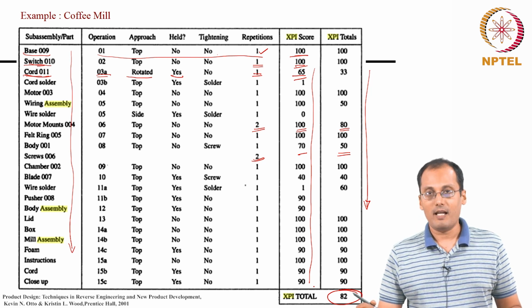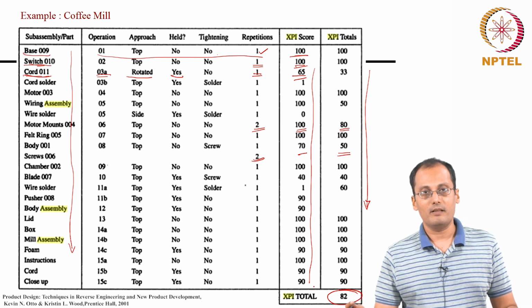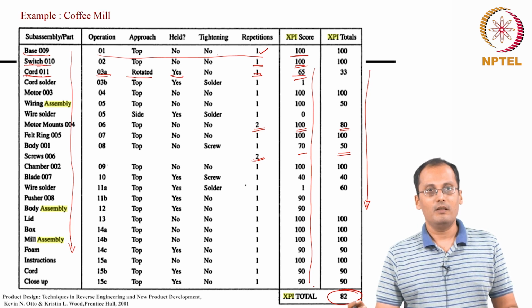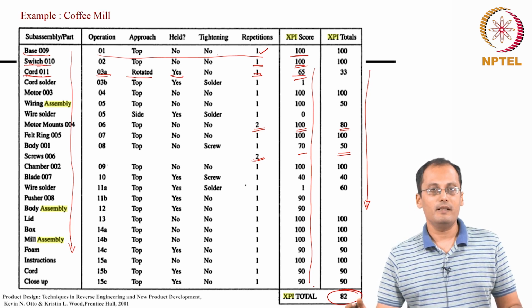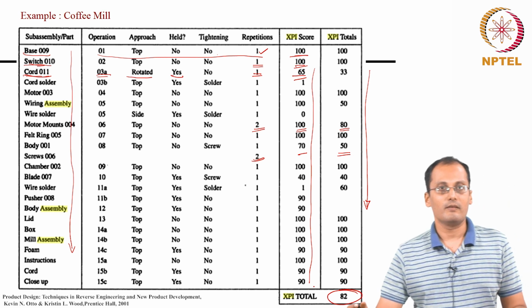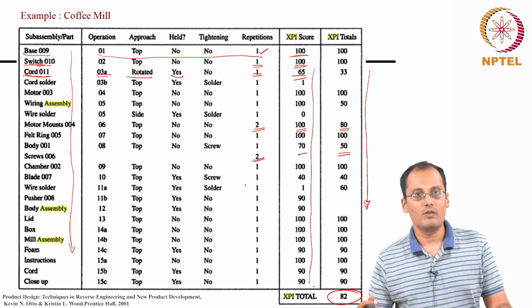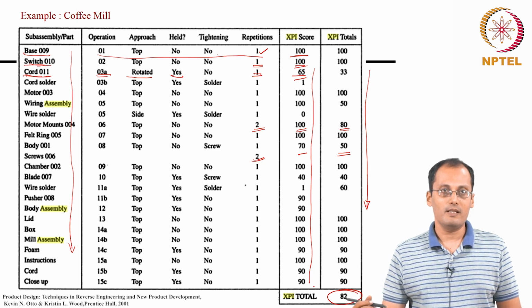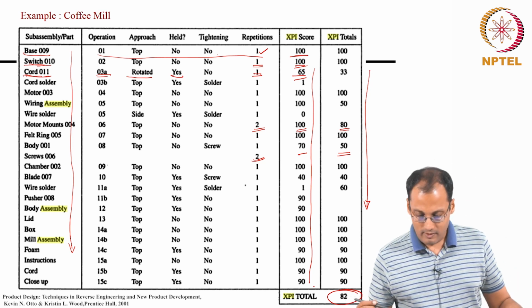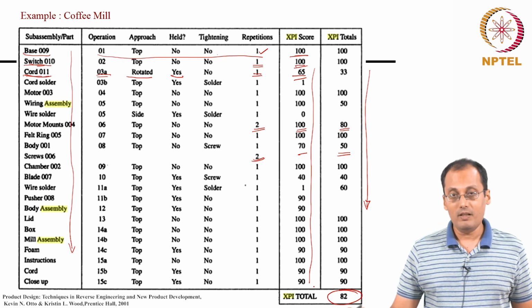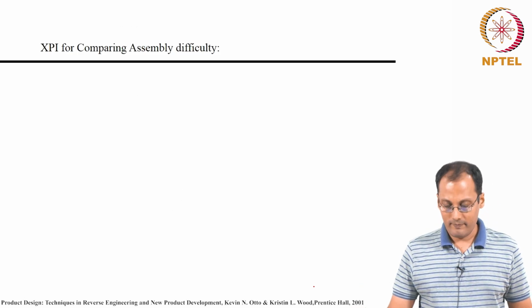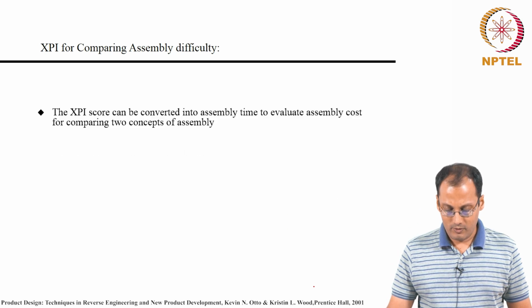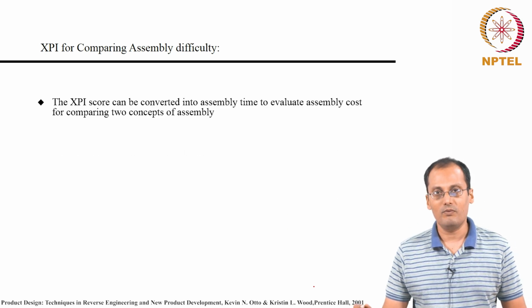So, if it is 100, actually the score is good, that is the difficulty of assembly is very less, and as the score goes down, the degree of difficulty of assembly is more. So, one can also convert this into time using say some conversions.